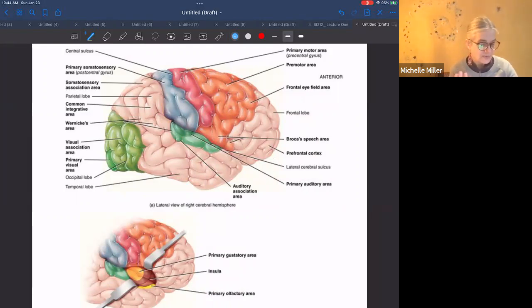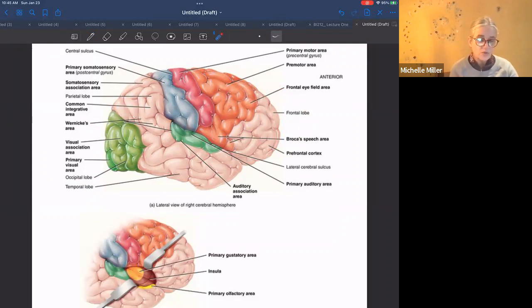And I mentioned previously that the occipital lobe, the back of the brain, is associated with visual, and that the frontal lobe has to do with more problem solving and decision making.